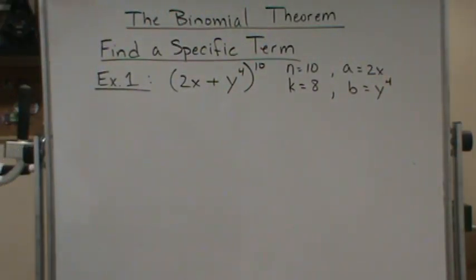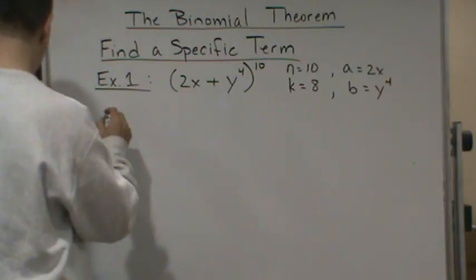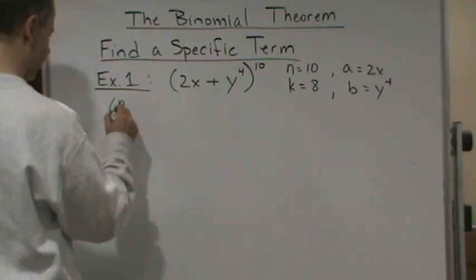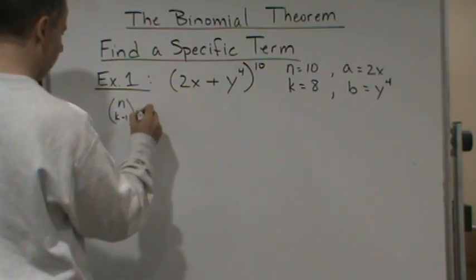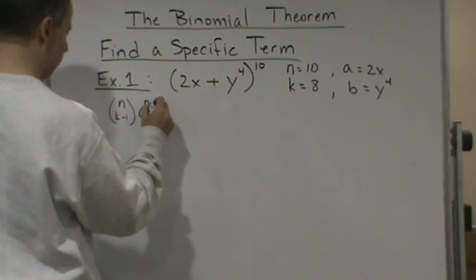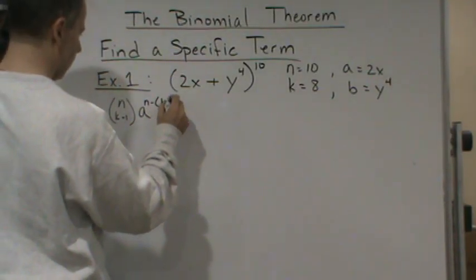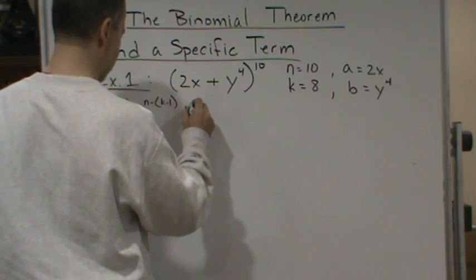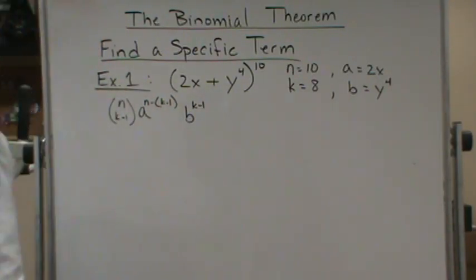And so now all we have to do is apply the formula. And the formula, remember, for finding the kth term is n choose k minus 1, times a to the n minus (k minus 1), times b to the k minus 1.